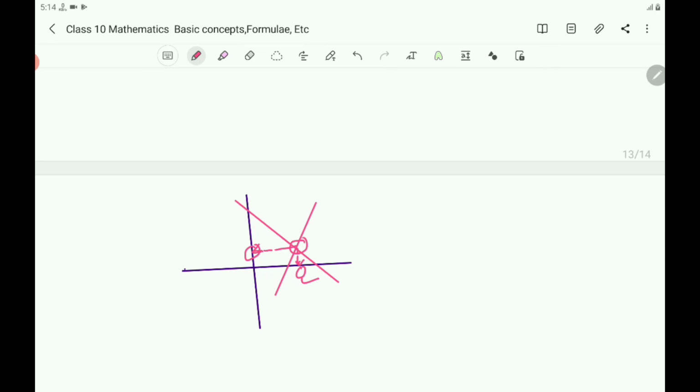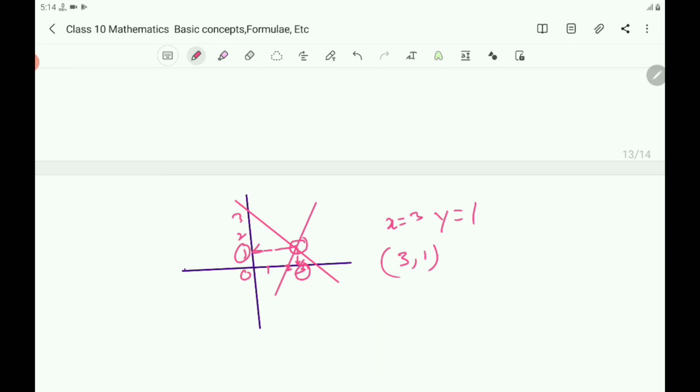So here, consider this is 0, 1, 2, 3 are there. Here 1, 2, 3 are there, and the x value is 3, y value is 1. Then the solution is here x equals 3, y equals 1. So the coordinates you can write 3, 1.